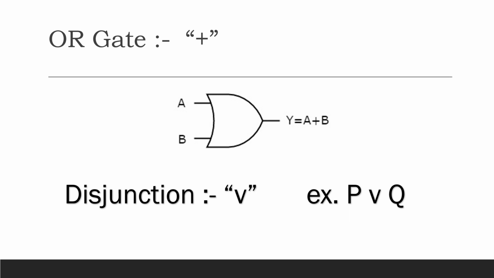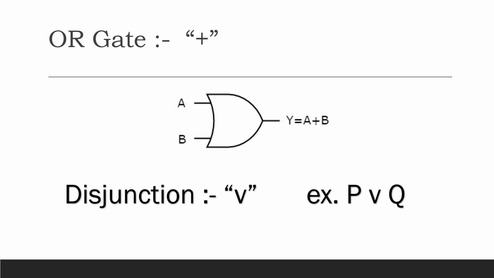If you are in a diploma or degree course of any kind, like electronics, EXTC, or IT, you will find this OR gate. But if you are in higher secondary education, you might have come across the word disjunction. Let us consider it as higher secondary level versus degree or diploma; it is one and the same thing.